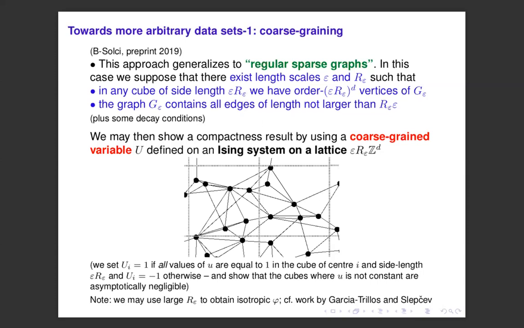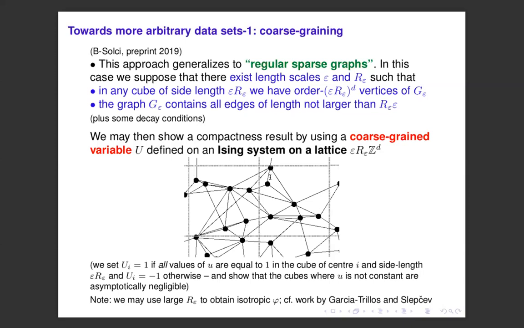Okay. Then we still have a compactness result by using a coarse-grained variable. So you take a covering of your space into cubes of size epsilon R epsilon.